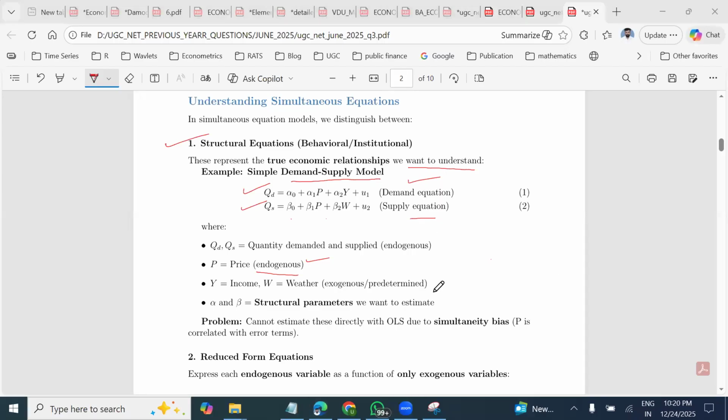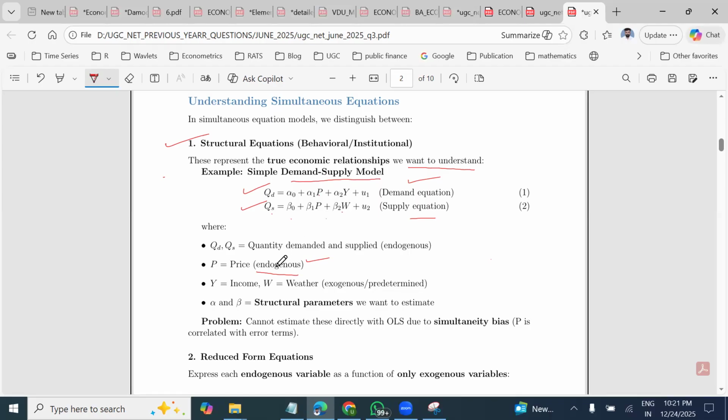What is the endogenous variable? The variables which are determined inside the system, like P, price. Madhusudha said endogenous variable acts like an independent variable. No, acts like means what? We are discussing simultaneous equations, no? You can see QD is equal to, price is here, and income is here. In supply also, P is here, and W is here also.